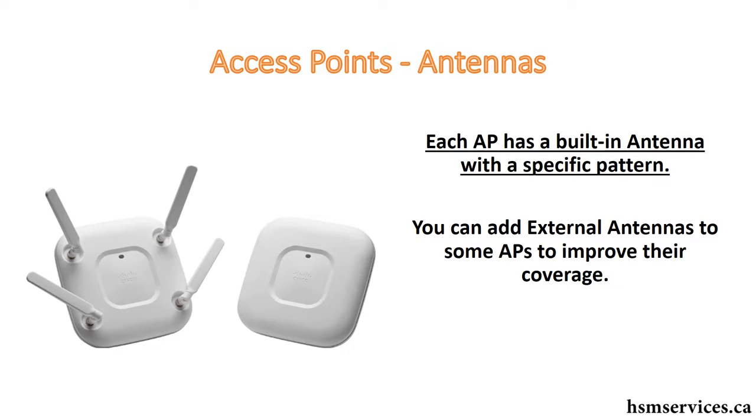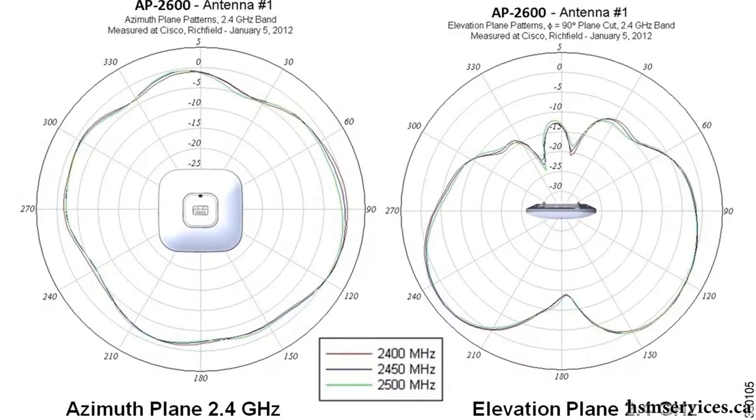And in this case, we're going to look at the Cisco 2600 access point coverage. So if we look, typically a manufacturer will give you the coverage diagram in the azimuth plane and the elevation plane for every AP they manufacture at 2.4 gigahertz and at 5 gigahertz.